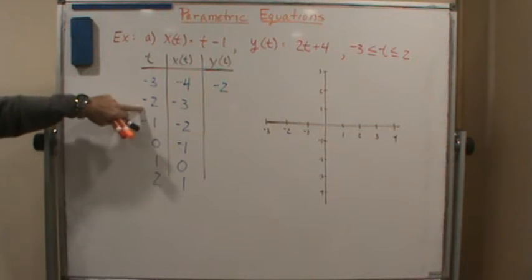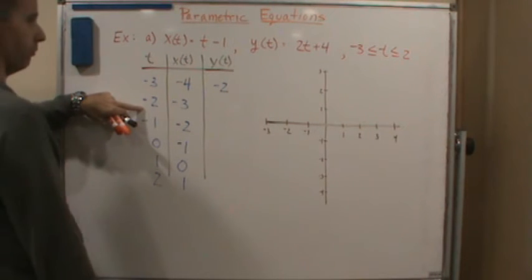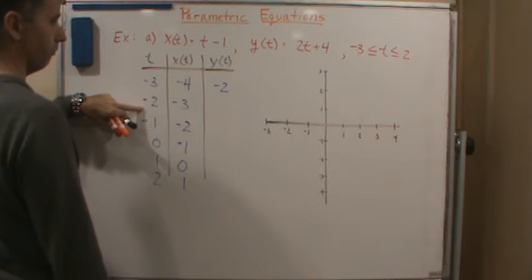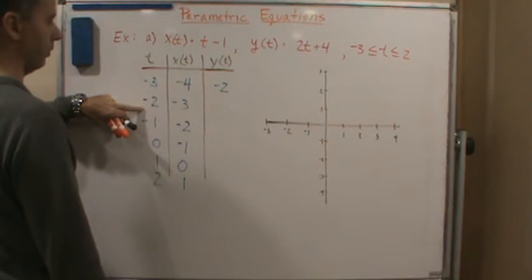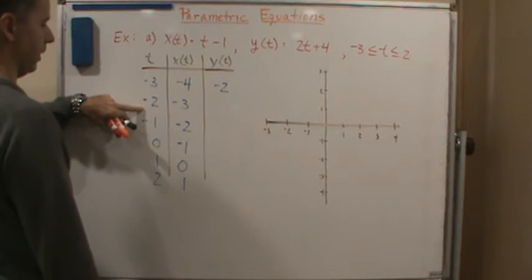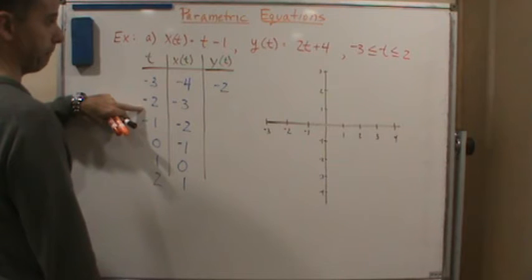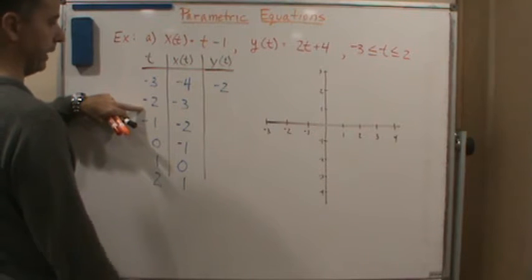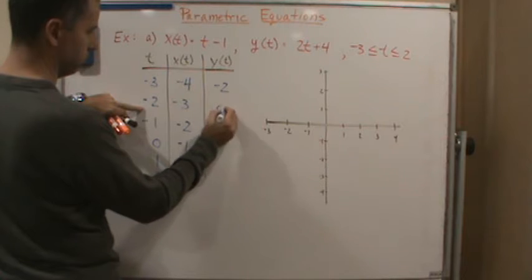Right? If we stick in -2, what do we get? Oh, hold on a second. Let me make sure. Yeah, that's right. So if we stick in -2, what do I get? 0. Right?